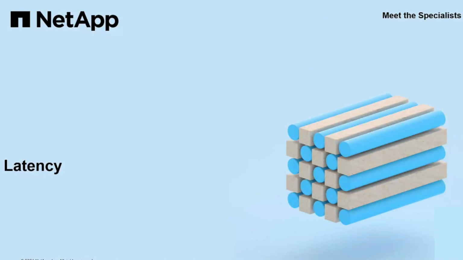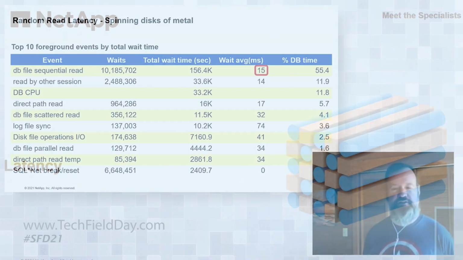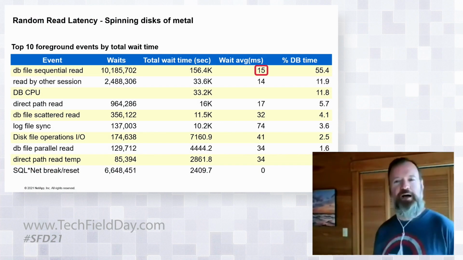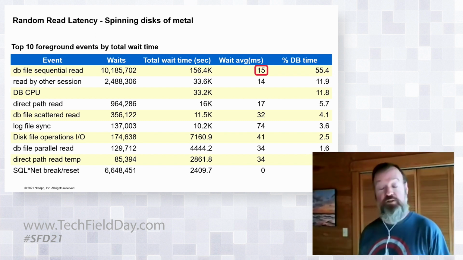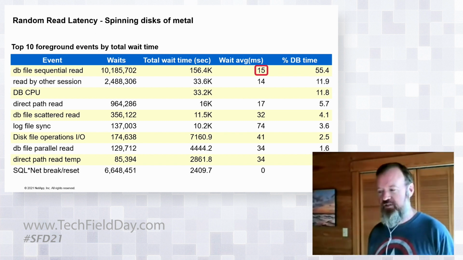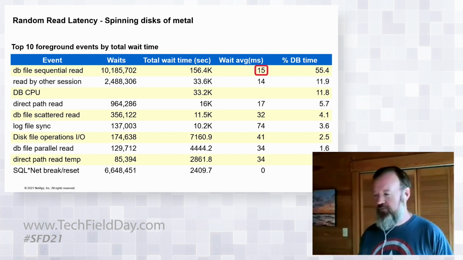Now this is what we used to see all the time. This was the gold mine type AWR that we would see, and I guess probably competitors too, when they're trying to sell one of the hybrid solutions. If I saw this, that 15 milliseconds is a busy spinning disk.